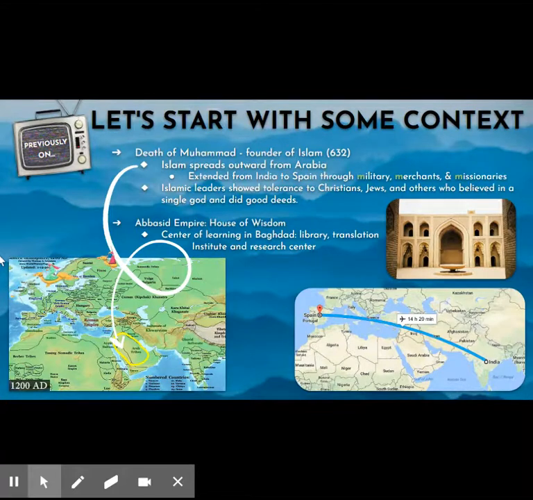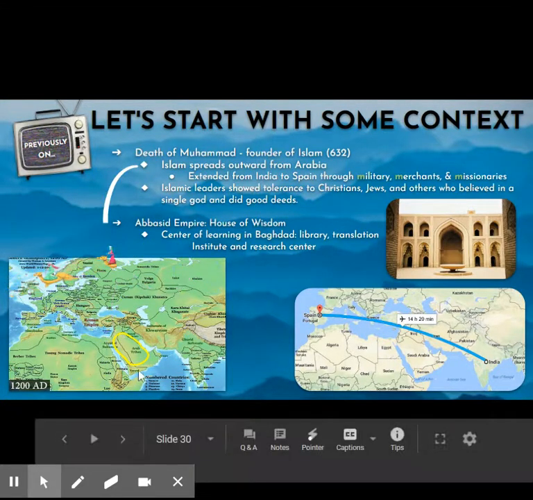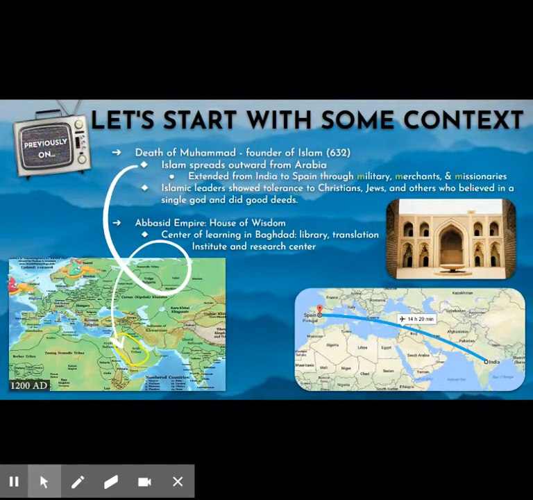All right. So let's take a look at some context about Islam as a religion. Islam spreads outward after Muhammad's death through what we call the three M's. So starting out here in the Arabian Peninsula, with the cities of Mecca and Medina, it expands through the three M's. The first one is military conquest. Islam itself is a religion, but it's also a government, and governments are known for having militaries.